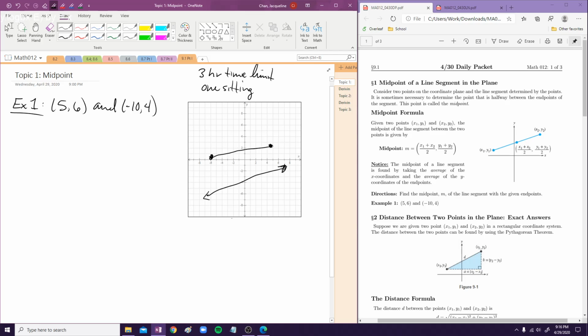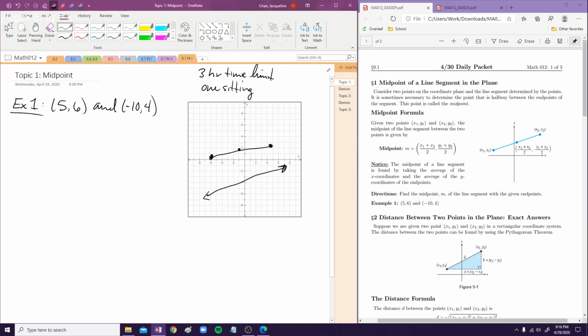So, determined by the points. It is sometimes necessary to determine the point that is halfway between the endpoints of the line segment. This point is called the midpoint. You can kind of intuitively guess it because mid is middle. If we find the midpoint, it's in the middle.